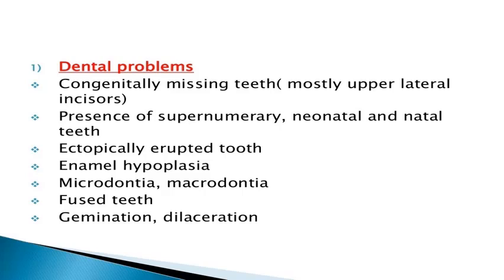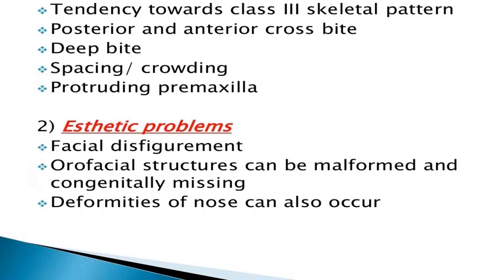Dental problems: clefting of the alveolus, which is the bone that carries the teeth, together with clefting of the palate, will lead to missing teeth, supernumerary teeth, ectopic teeth, and small or large teeth. It can also cause abnormal mouth closure in the form of posterior or anterior crossbite, a deep bite, and protrusion of the premaxilla.